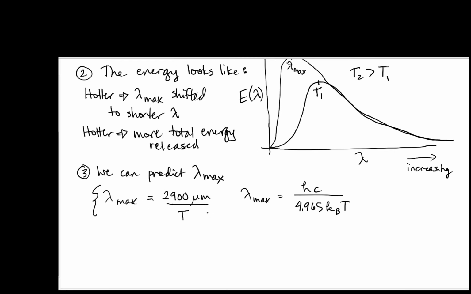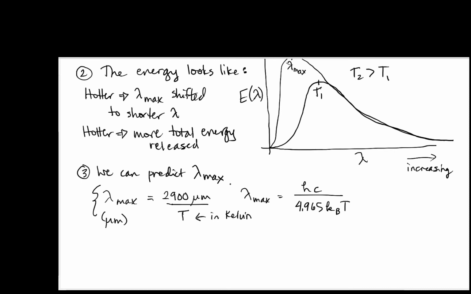I just want you to keep in mind that the temperature units will cancel out because they're sort of glommed into this 2,900 micrometers. And functionally we just plug in the temperature in Kelvin and then the units will work out fine. So this is sort of like the equation that we saw back in the previous chapter, where they'd already calculated a bunch of the numbers out.